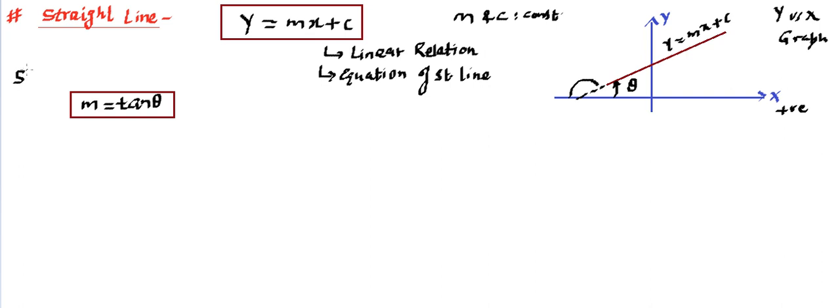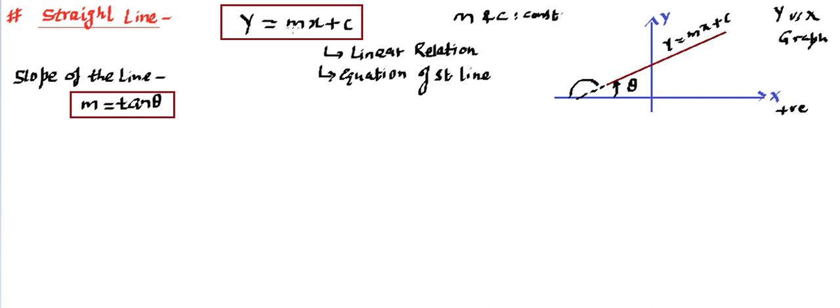So M is known as the slope of a straight line. So whatever the factor of x is, when the factor of y is 1, that's known as the slope of that straight line, which is also equal to tan theta. Making sense? And theta is measured from the positive x-axis in the anti-clockwise sense. So that becomes the M value.